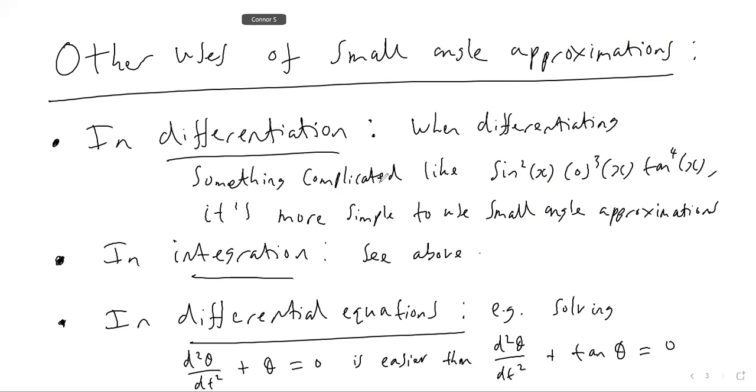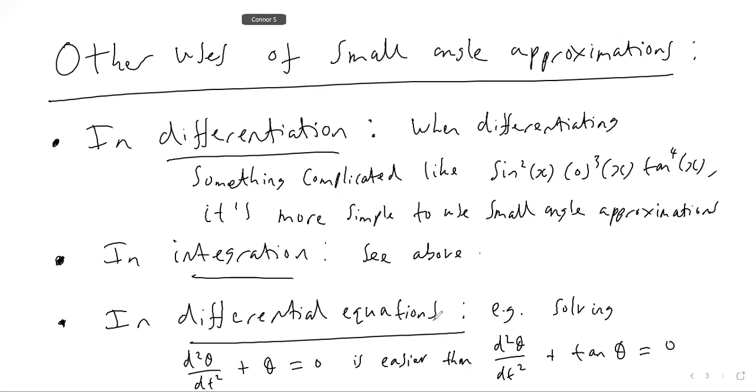In differentiation, if you have to differentiate something complicated like this, it's much simpler to pretend that x is small and then use your small angle approximation, substitute that into your expression, and get something easier to differentiate. And the same with integration: if you assume that x is small, you can use your small angles to approximate this, and then integrate it more easily. And the same with differential equations as well.